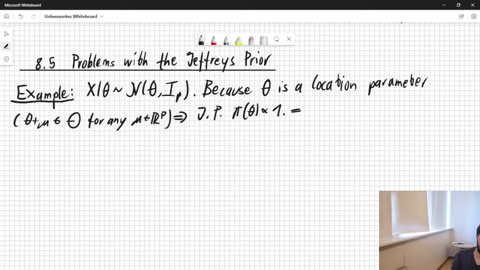So this immediately gives that theta given x is normally distributed with mean x and no covariances. Why?